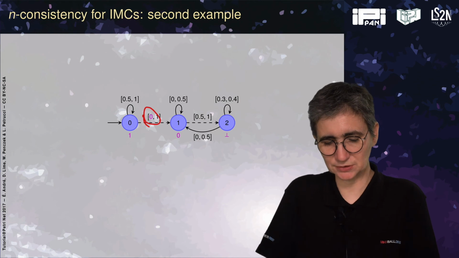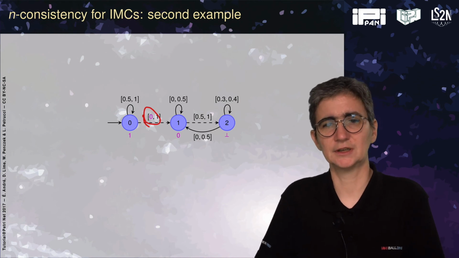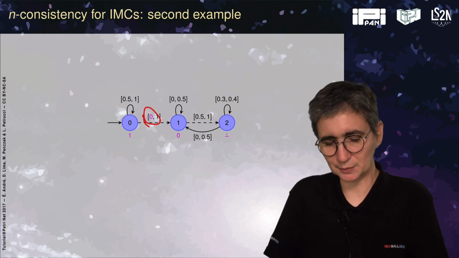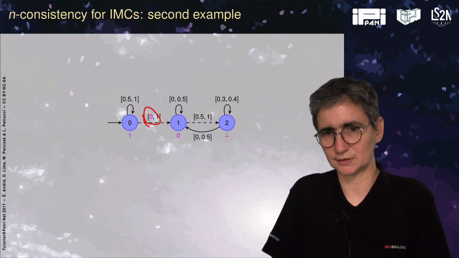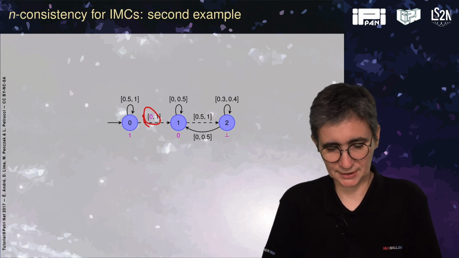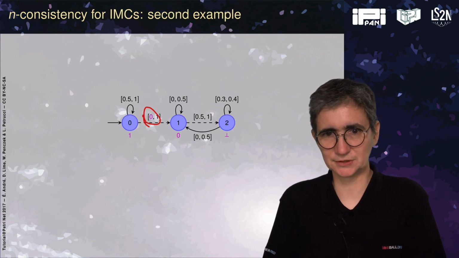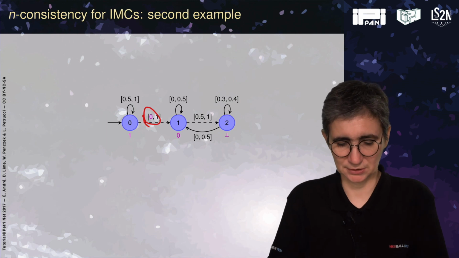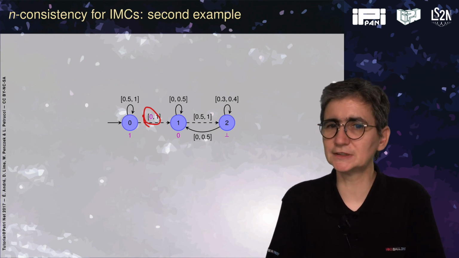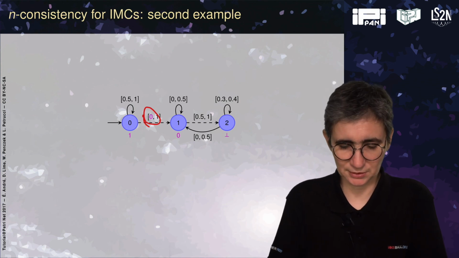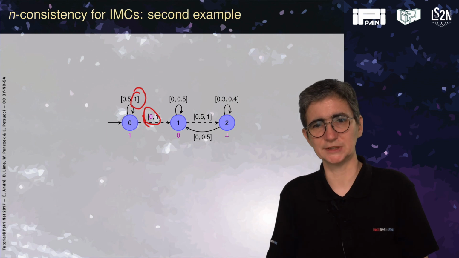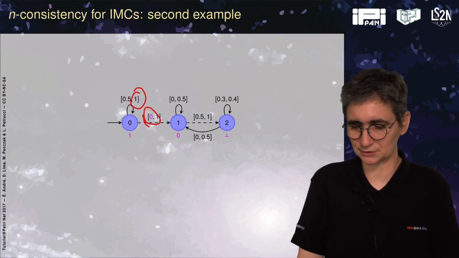So I can choose 0 in this interval and say when I'm in state 0, I will not go to state 1. That is not one consistent. To be two consistent, my state 0 must be able to have an exiting probability of 1, which is the case here. So it has a probability of 1 of looping on itself.